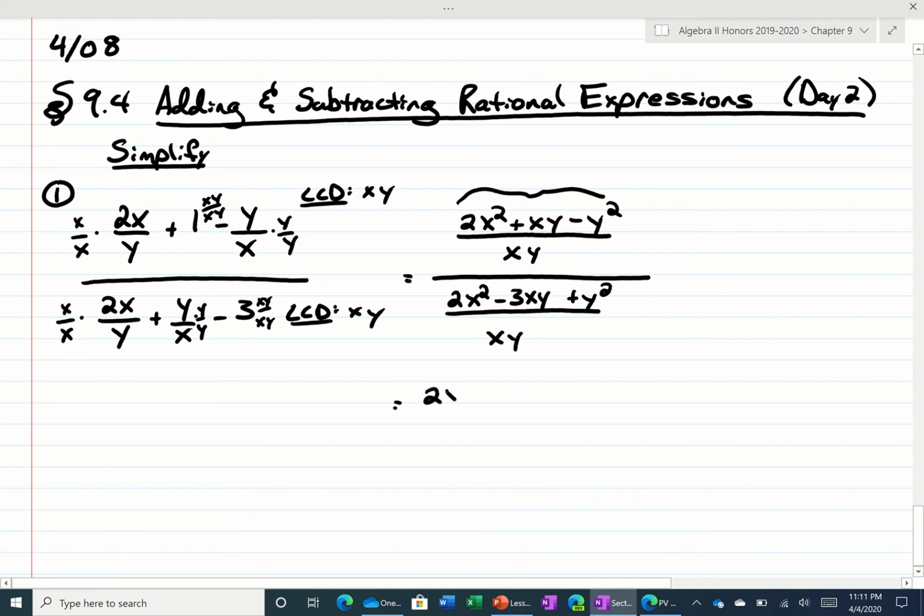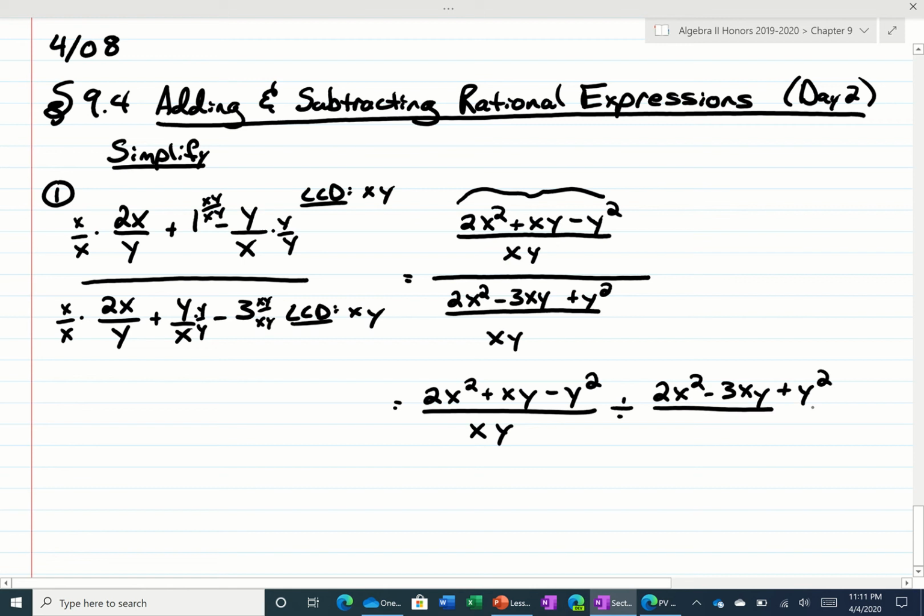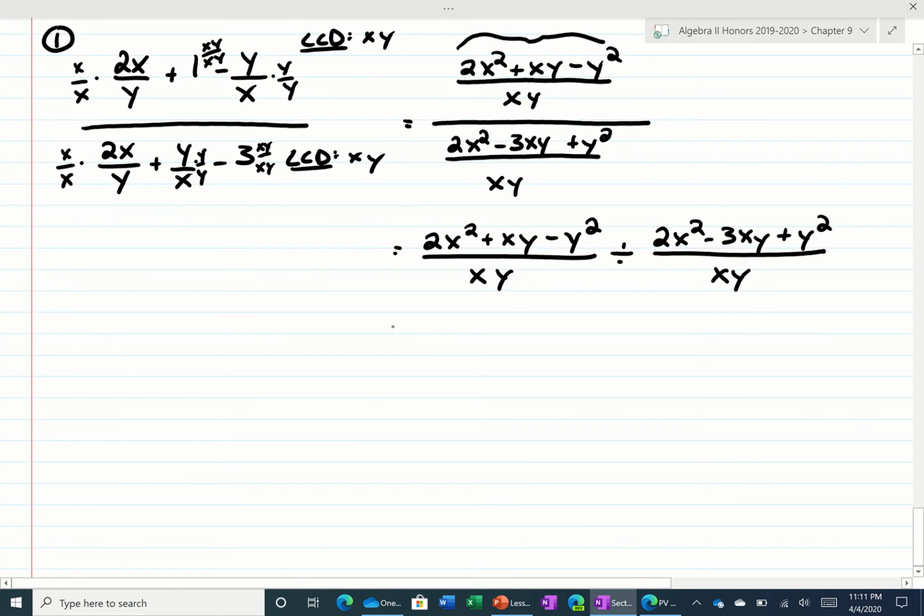We can now write this horizontally. 2x squared plus xy minus y squared divided by xy. We're going to be dividing by 2x squared minus 3xy plus y squared divided by xy. And we're going to keep, change, flip.